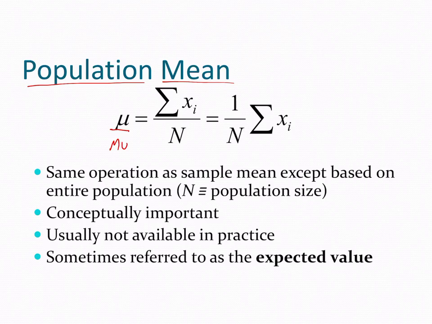We can also sometimes refer to this as the expected value. We'll get more into sample versus population moving forward. This is just exposing you to it, but right now, the takeaways are x bar equaling the average for a sample, and mu equaling the average for a population.